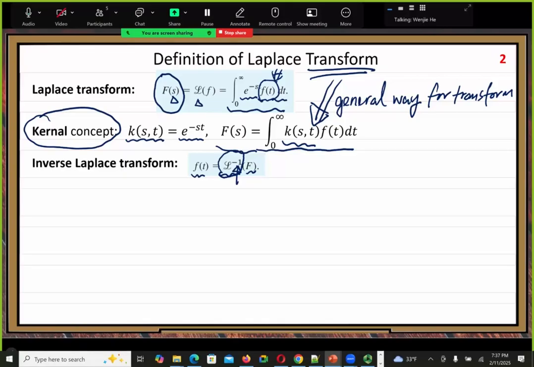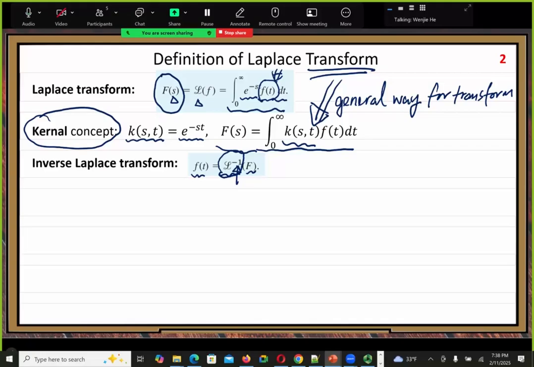The definition is not clear. Or I can say it this way: nobody can find the formula for this inverse Laplace transform. For the Fourier transform, which you will see later, we can easily get a specific formula for the inverse Fourier transform.